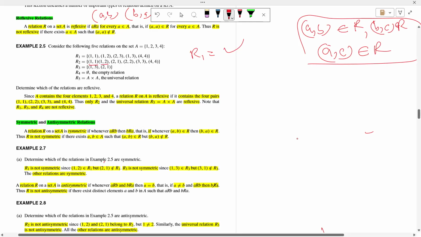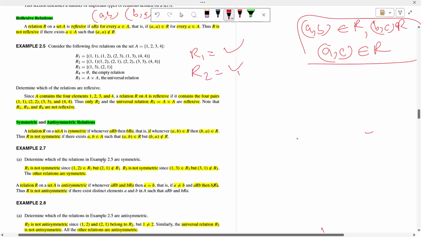So (1, 2) is also there. If you look here, (1, 2), (2, 1), then (1, 1) is there. So that is all correct. Here (2, 2) is there, then (2, 1) is there, so we need a (2, 1). So (2, 1) is also there. So R2 is also a transitive relation.